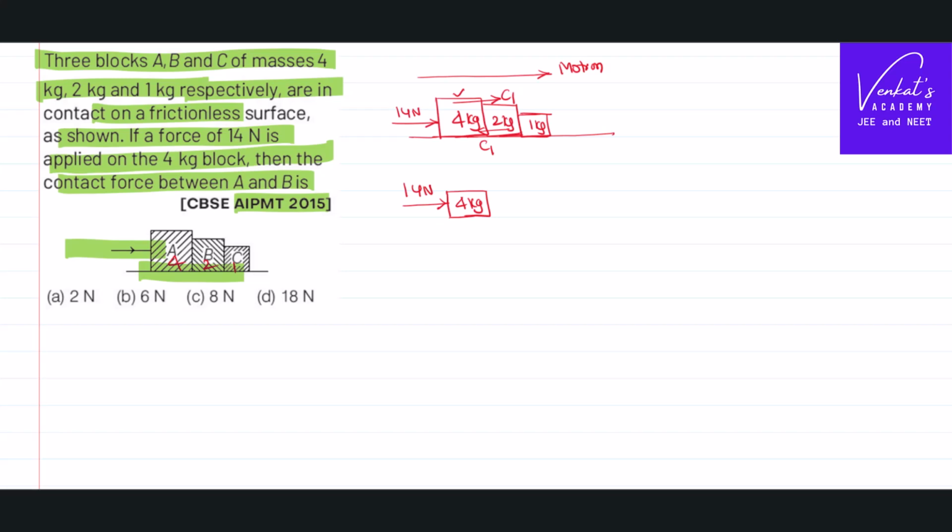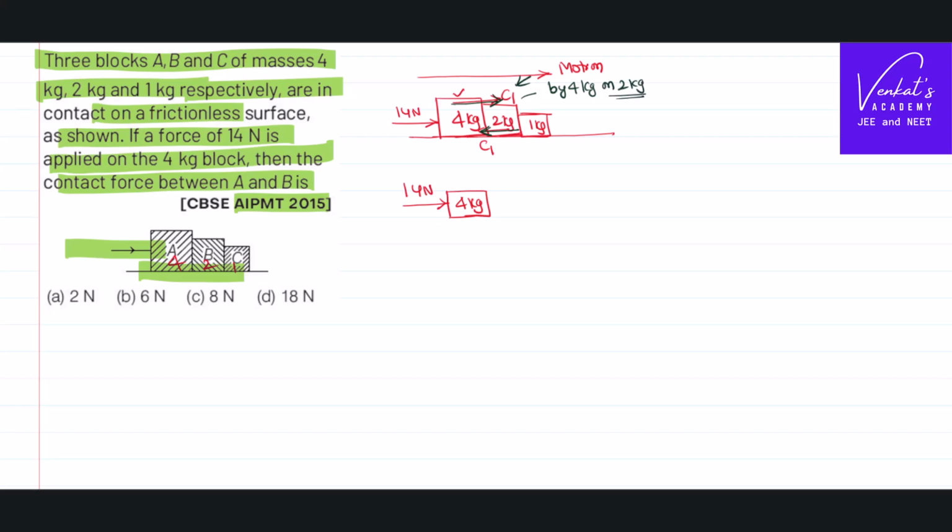Now, if you see carefully, there is C1 applied by 4 kilogram on 2 kilogram towards the right. I am talking about this. There is another force applied by 2 kilogram on 4 kilogram. Be careful: this one is applied by 4 kilogram on 2 kilogram, so it is acting on 2 kilogram.